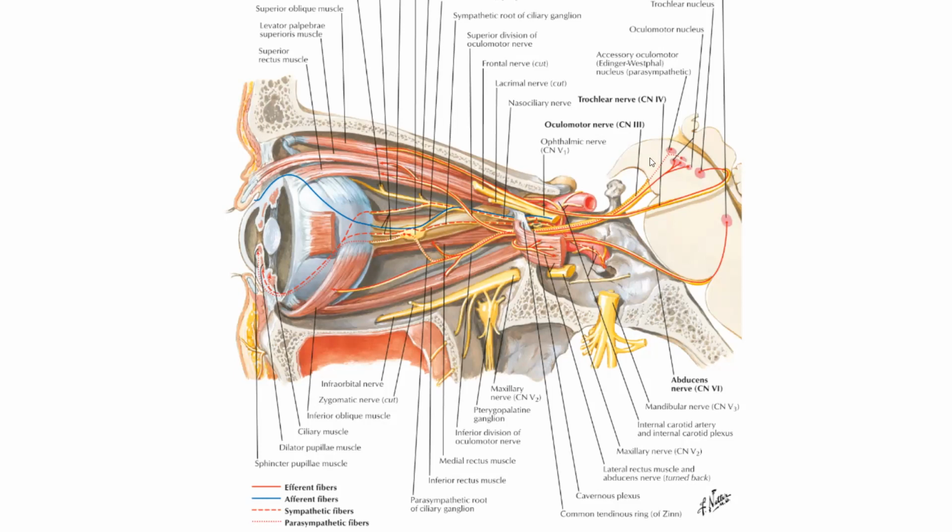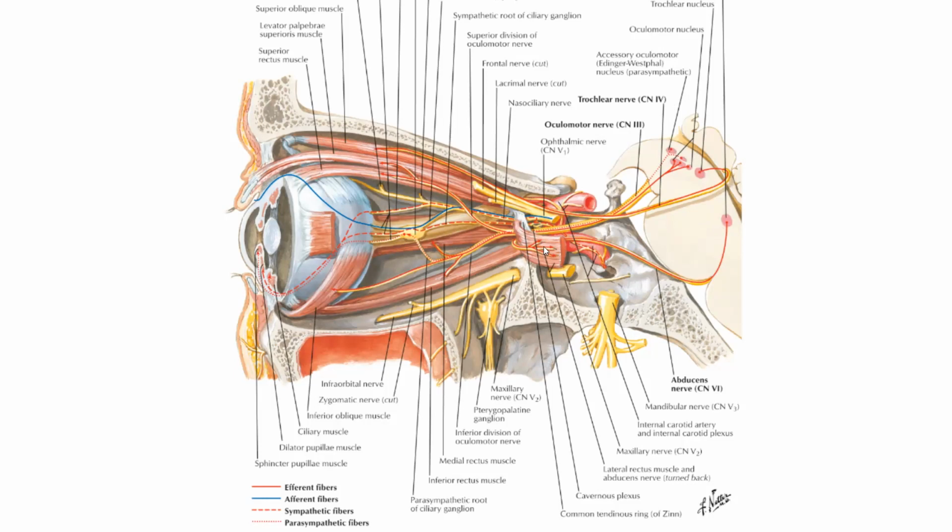So you can see the oculomotor nerve here traversing and innervating 4 of the extraocular muscles, and then this one that opens your eyelid. Next, we have a trochlear nerve coming out here, innervating the superior oblique. And then we have abducens nerve here coming around, innervating lateral rectus.